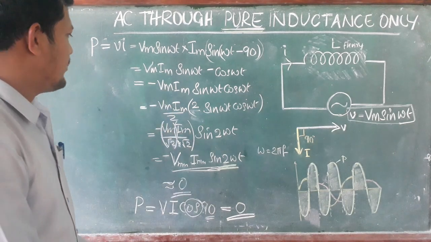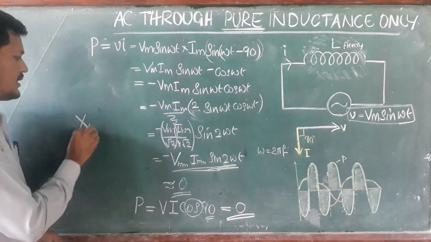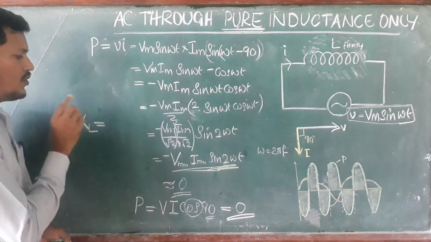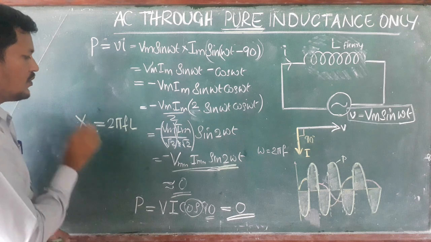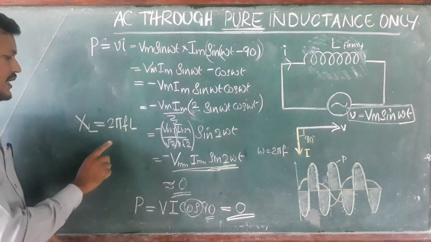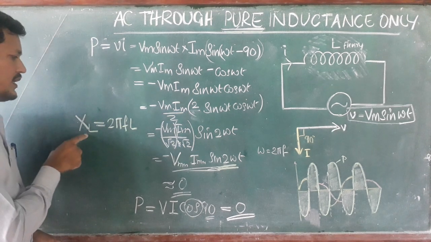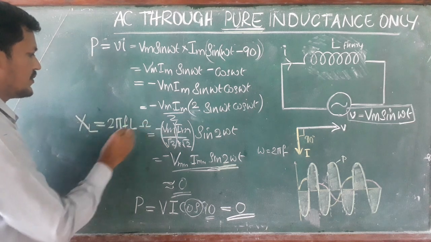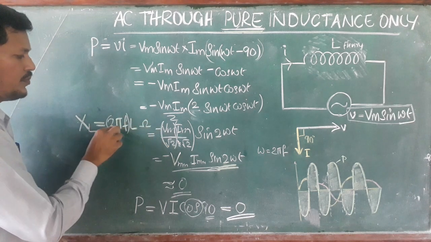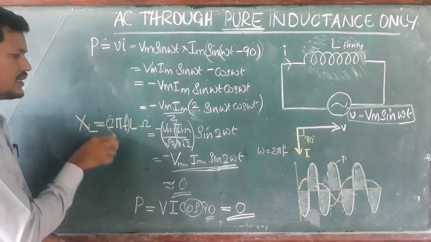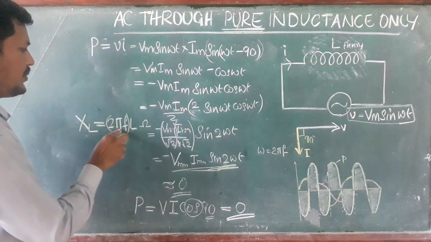Here we want to remember one point: XL is the opposition offered to the flow of AC current, that is, inductive reactance, measured in ohms. Actually it is omega L, where omega is 2 pi f. So omega L is the inductive reactance. Clear? 2 pi fL.